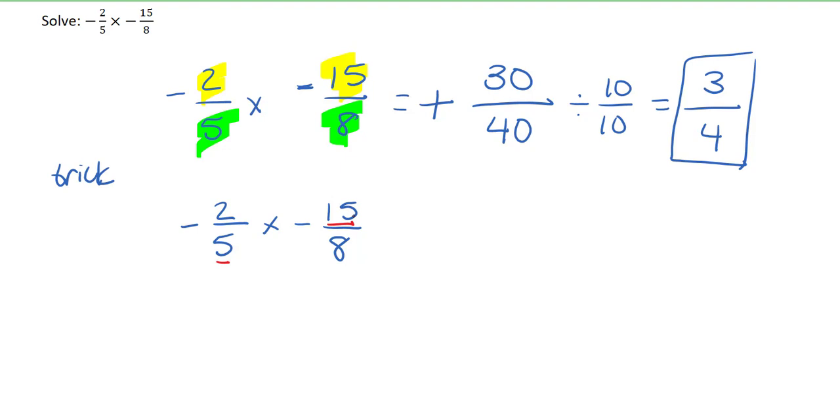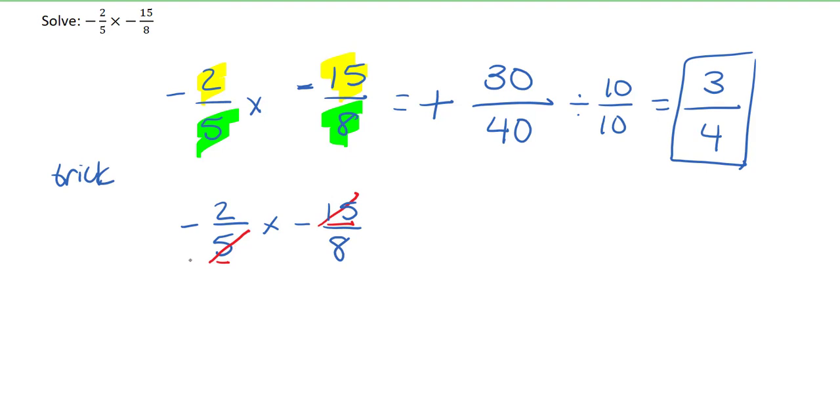When we multiply, we can divide out common factors, and we do it in a step before we multiply everything. Before we multiply, we can cross this out and cross this out. Both of them have a factor of 5, or a multiple of 5.